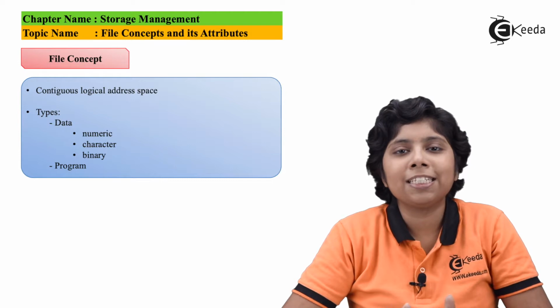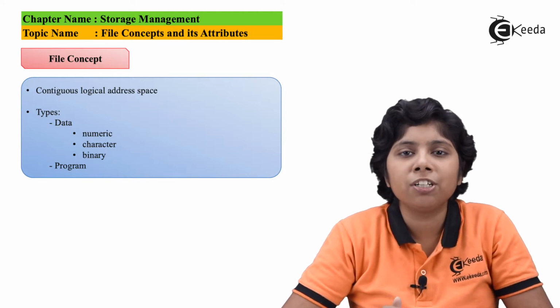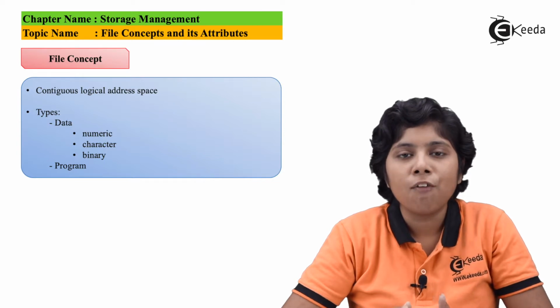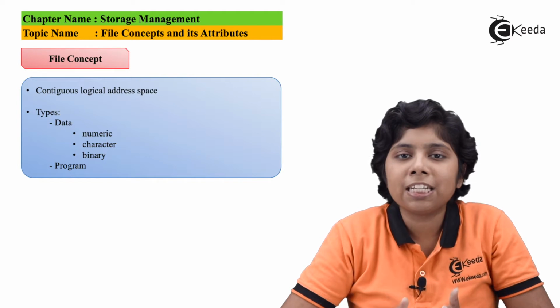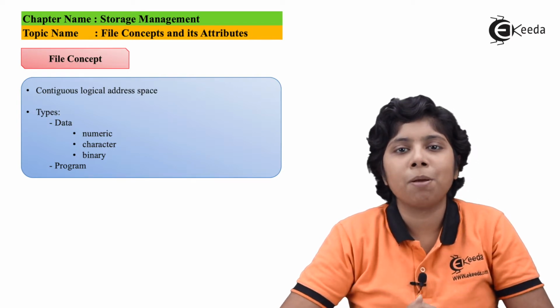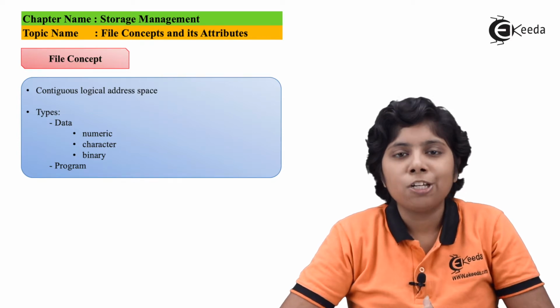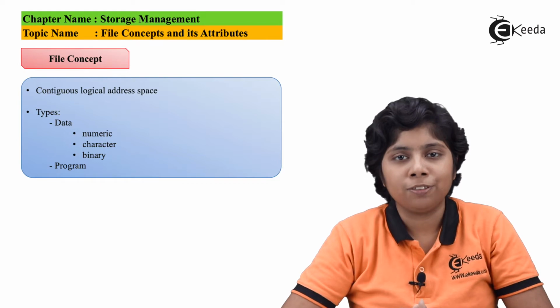If the file contains source information, it has functions organized as declarations followed by executable statements. If it is executable code, the loader can bring it into memory and execute it. So in this way, a file is just a sequence of information.